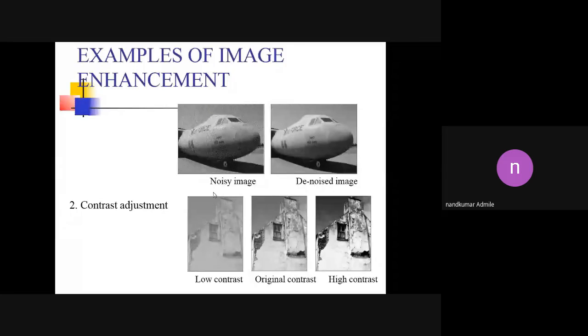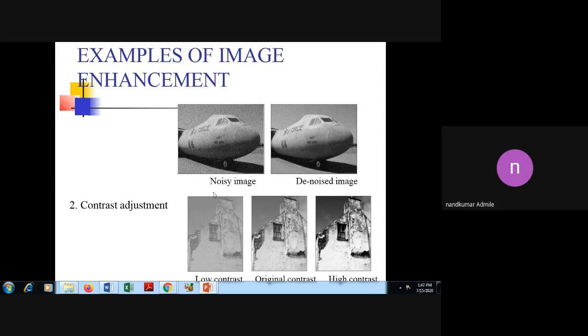Along with this, there are a number of noises that we have to study in the image degradation model. If we consider the noisy image as an input, we can apply certain filters using the image enhancement technique, and we can remove such types of noises from the input image.